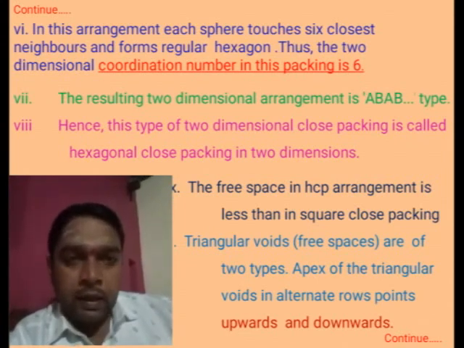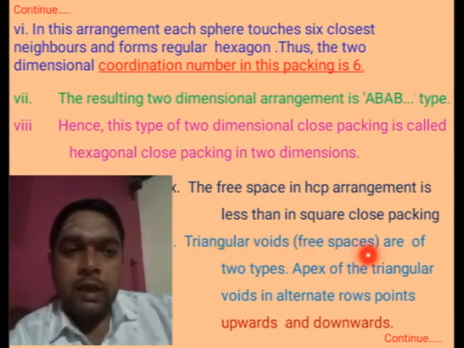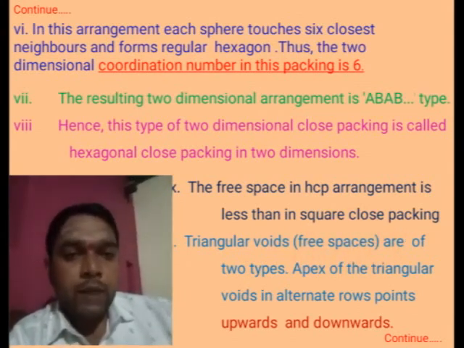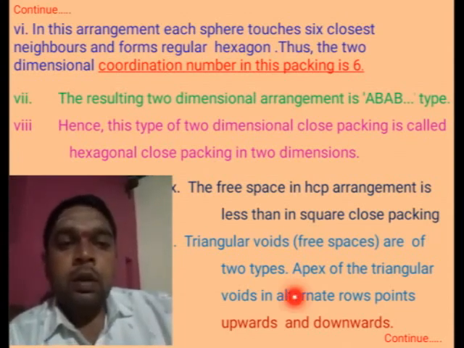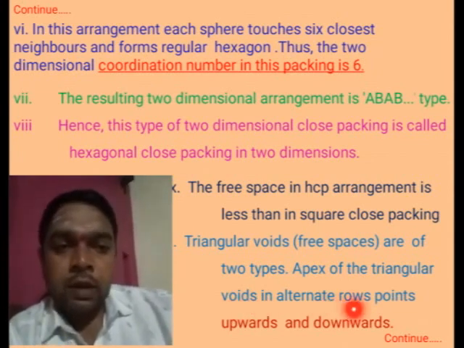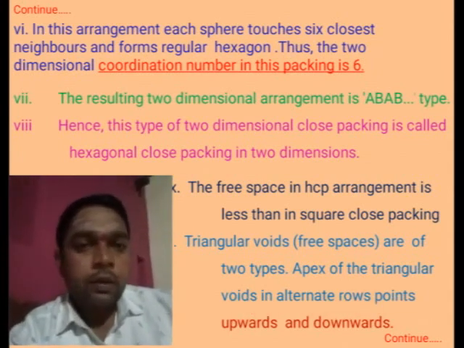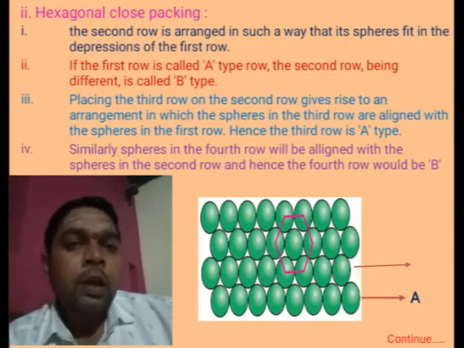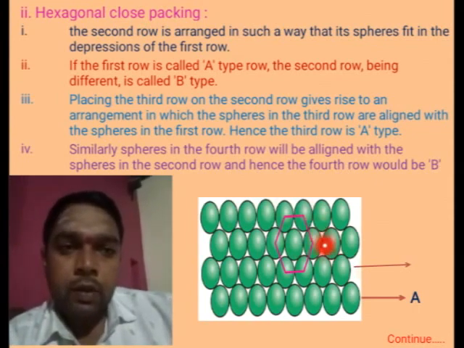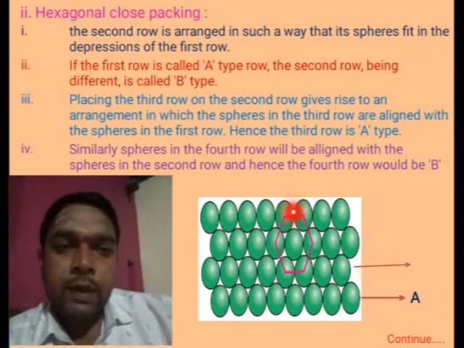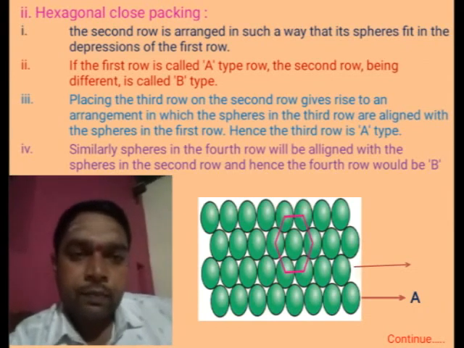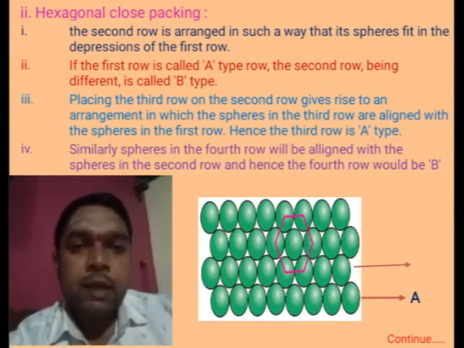In this HCP, the triangular voids, that is, the free spaces, are arranged in alternate rows pointing in upward as well as downward directions as shown in the figure. In this figure, the center sphere is in contact with 6 neighboring spheres. Therefore, it has a coordination number of 6. This packing is called hexagonal close packing.